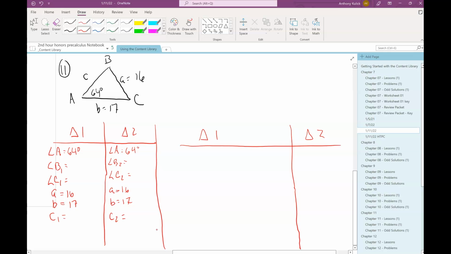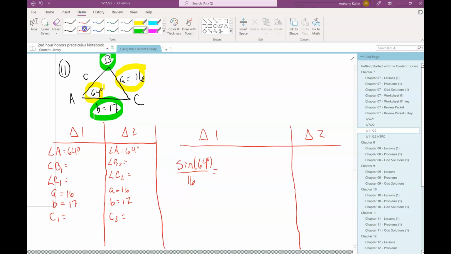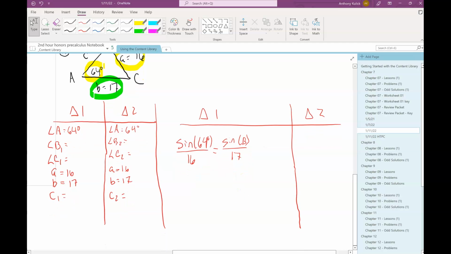Okay. So in triangle 1, I'm just going to treat this like a normal law of sines problem. So I have an angle and a side opposite it. So I'm going to start with sine 64 over 16. And I have an angle that I don't know, but I know the side opposite it. So I'm going to say that's equal to sine b over 17. I'll cross multiply. So I get 16 times sine b1 equals 17 sine 64.